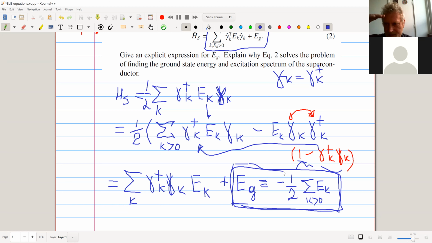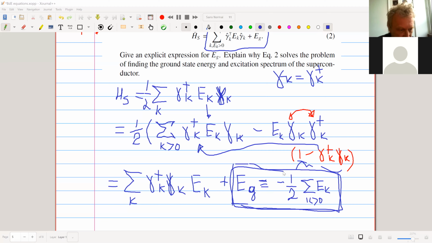Those are different things, ground state and excitations. But in this approach, one can show that these are in fact equivalent things. Energy of the ground state can be expressed in terms of energies of all excitations in the system.